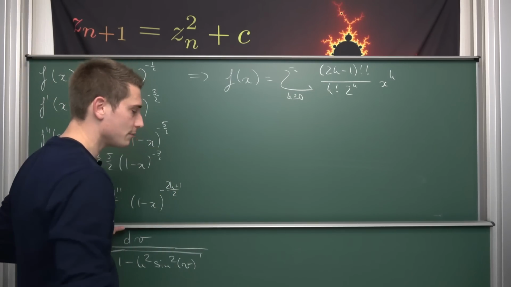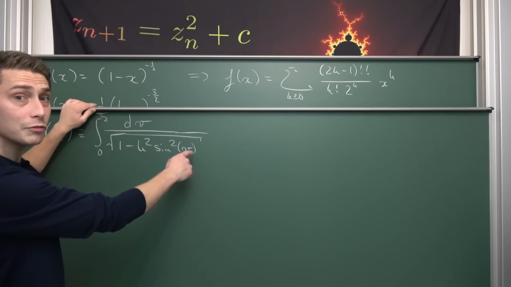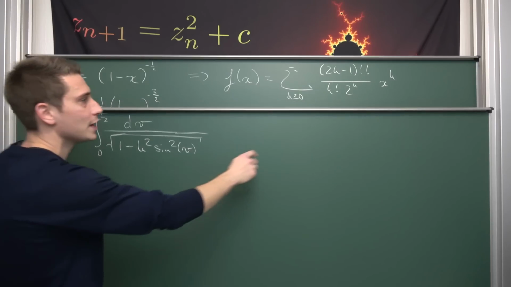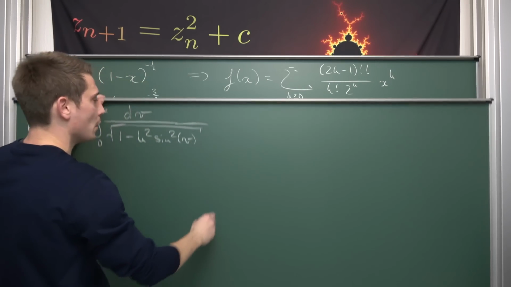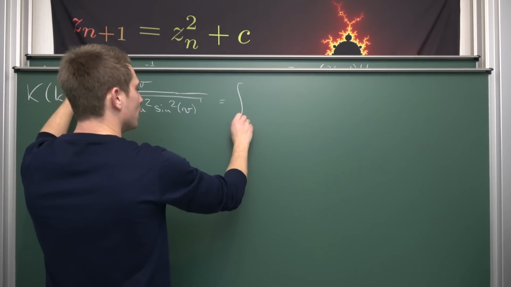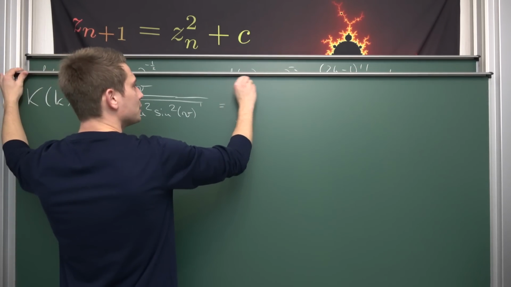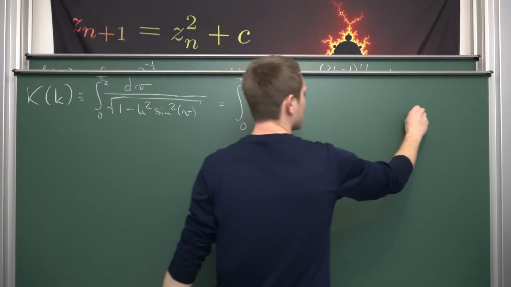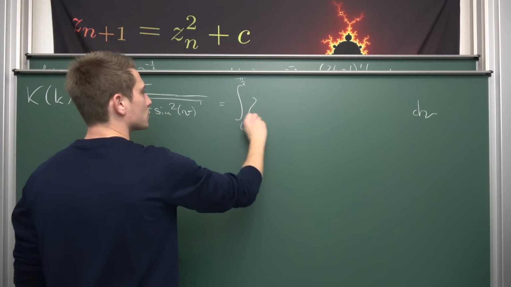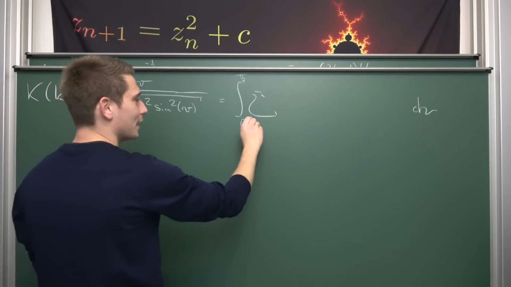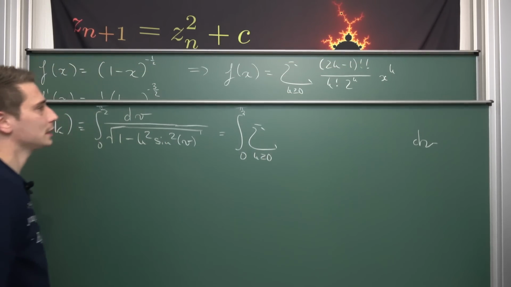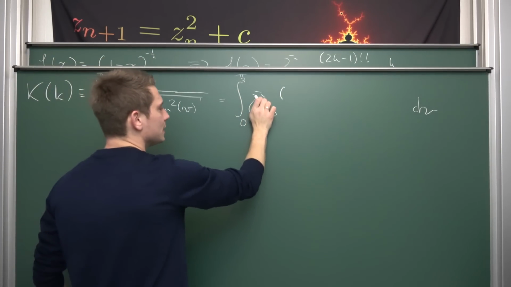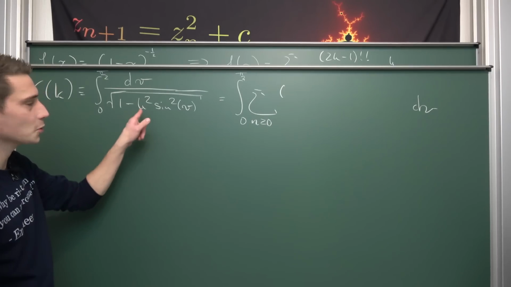And now we can plug this very series expansion into here with the restriction that we are going to plug our k squared times sin squared of theta into our x to the kth power. So our complete elliptic integral of the first kind is going to be the integral from 0 to pi over 2 of, okay, our d theta can go somewhere here. Also we are going to get an infinity sum, that's an ugly one, I gotta admit it. K being greater or equal to 0 of, okay, k is not a good index to use right here. Let's go with n because we're having a k here.